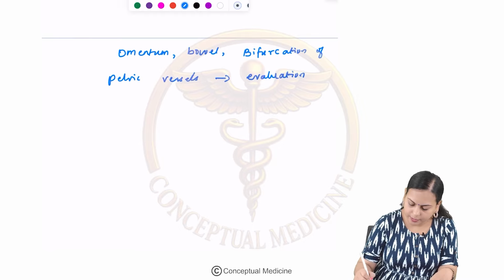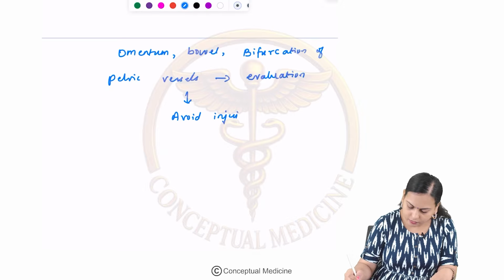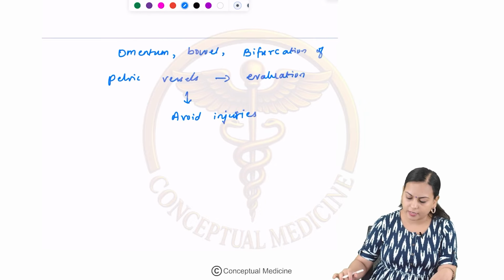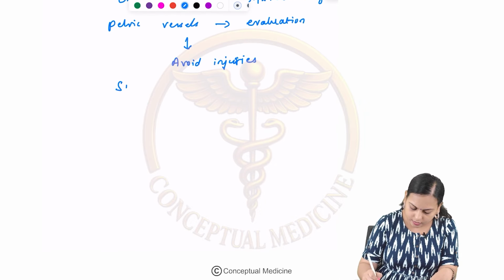Okay, so that will help to avoid injuries that will be caused by the introduction of Verres or trocar also.